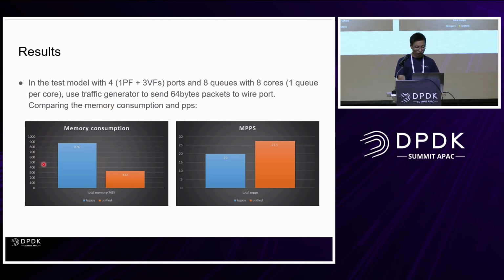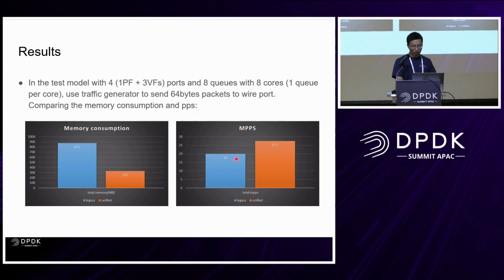Without the optimization, we consume a lot of huge page memory, more than 800 megabytes. With this optimization, we are only using around, I'm not sure if you can see it very clearly, around 332. And for the PPS, before the optimization, with only 4 ports, it degraded to 20 mega PPS.